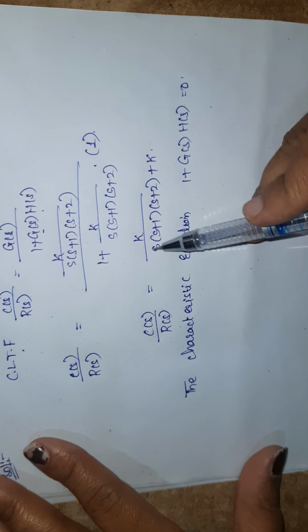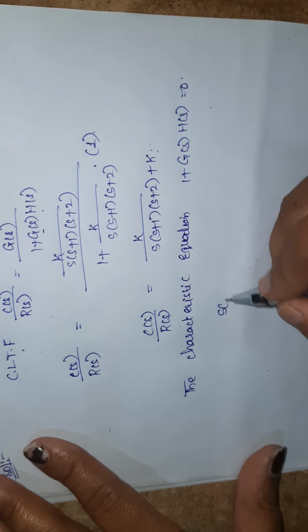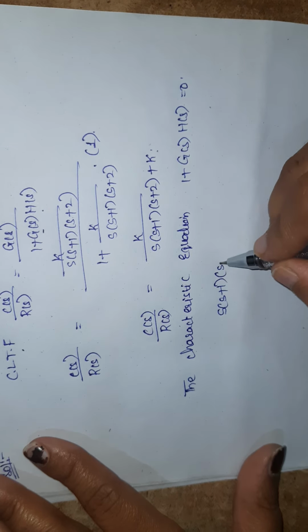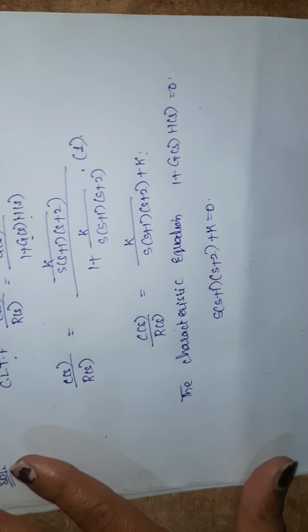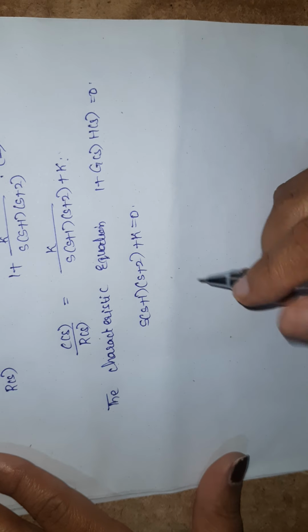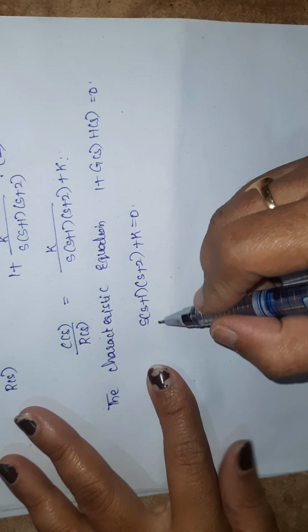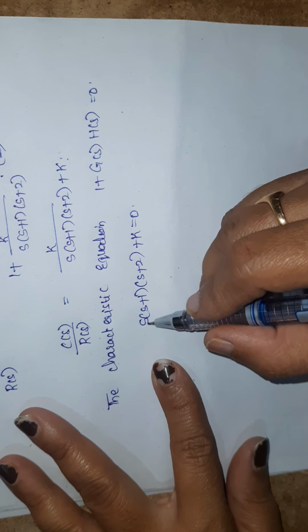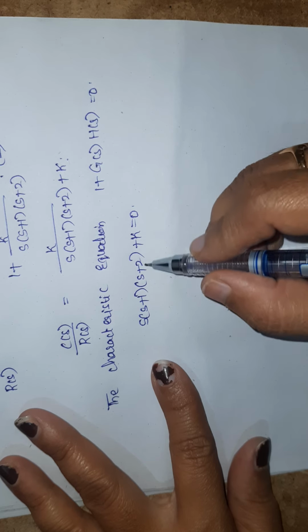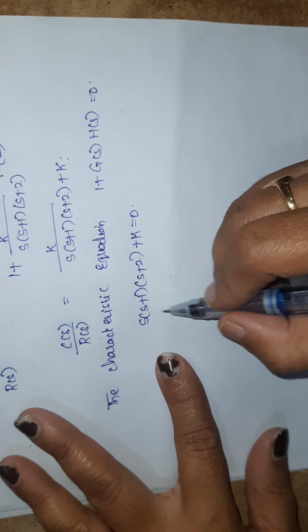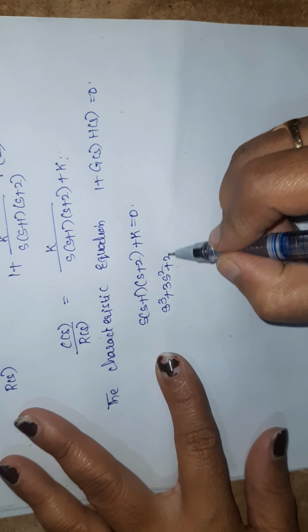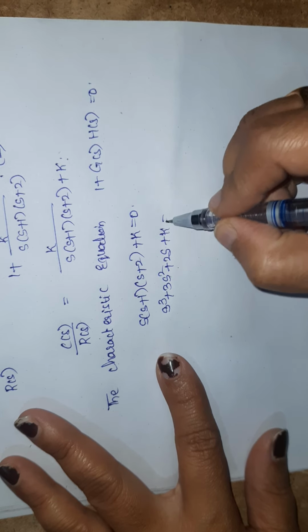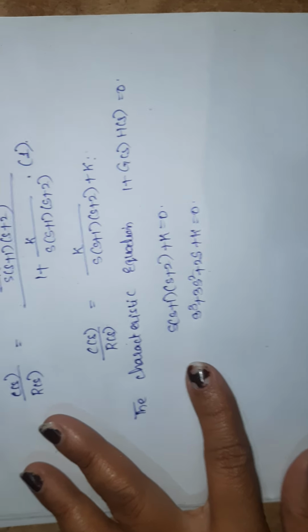So this is the denominator: s(s+1)(s+2) + K = 0. After simplifying, that is, after multiplying s into the brackets, finally I got the equation as s^3 + 3s^2 + 2s + K = 0.